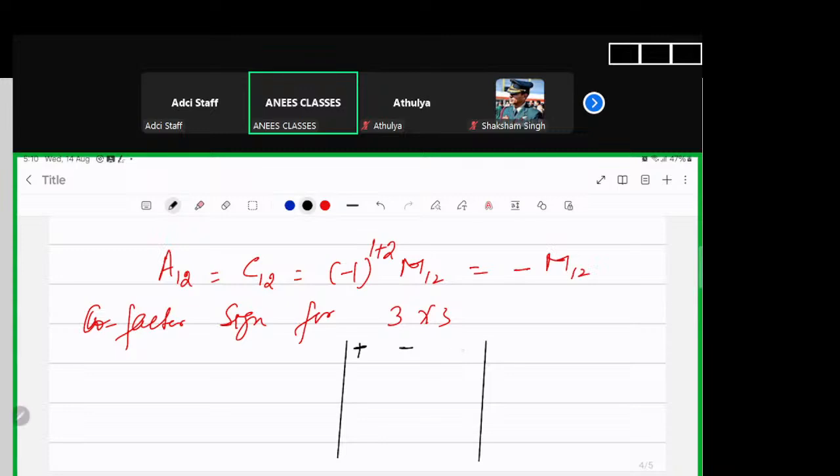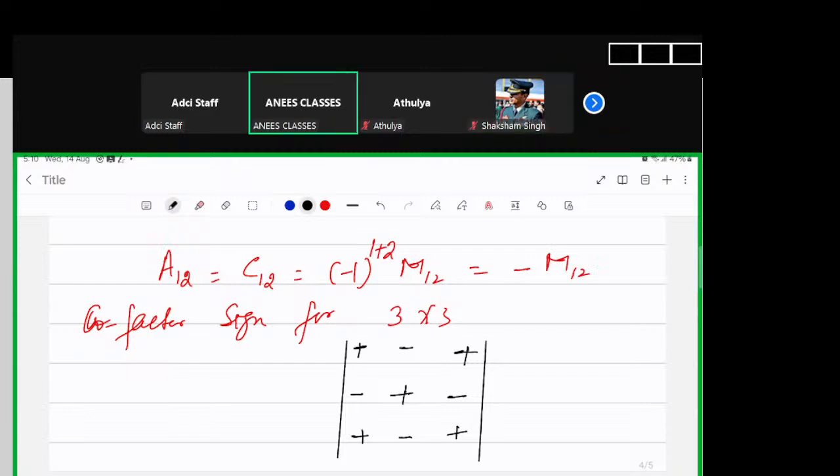Understood? Then for the third element you will get plus, because it is 1 3, and 1 plus 3 is even. Now here you will get minus, in place of 2 1, since 2 plus 1 is 3. In place of 2 2, you will get plus, then minus, plus, minus, plus. Alternately you can take plus, minus, plus, minus. Understood, everyone? Yes, sir. Saksham? Yes, sir. Understood.